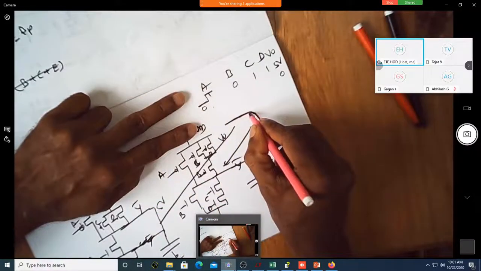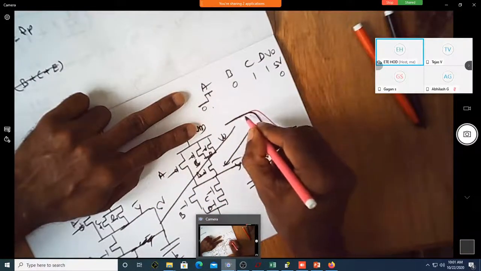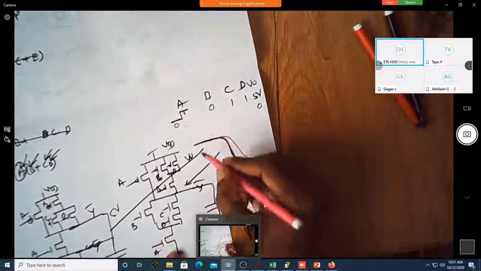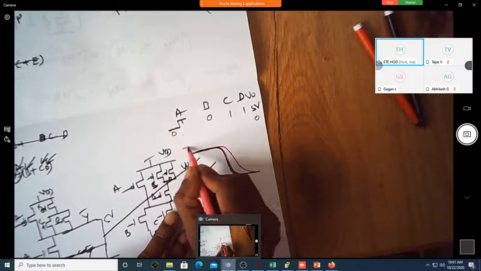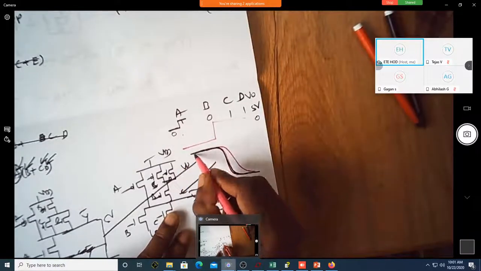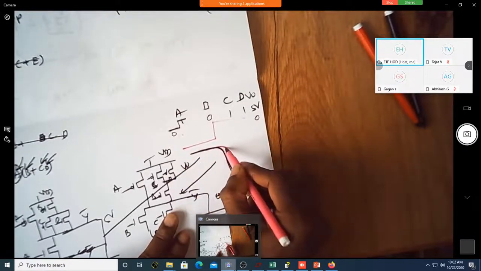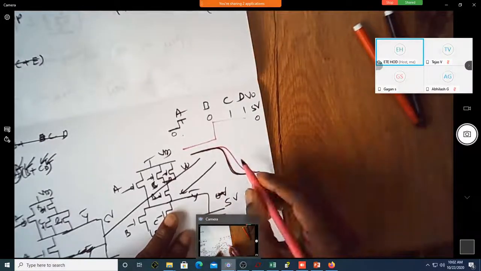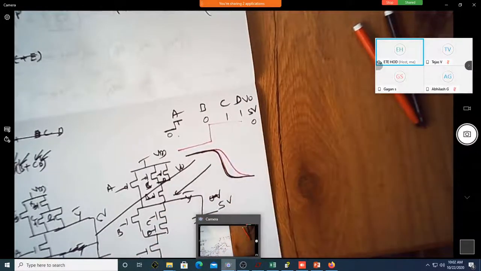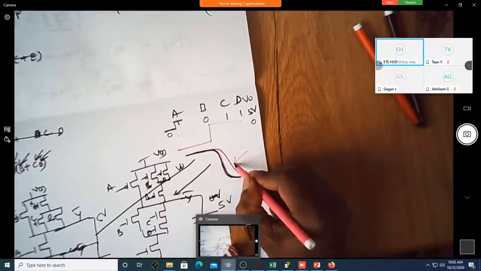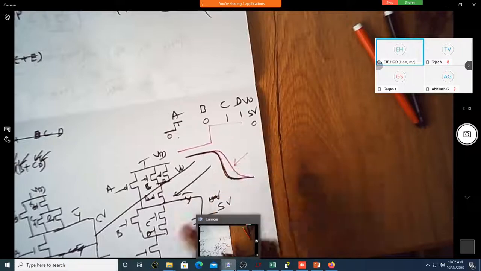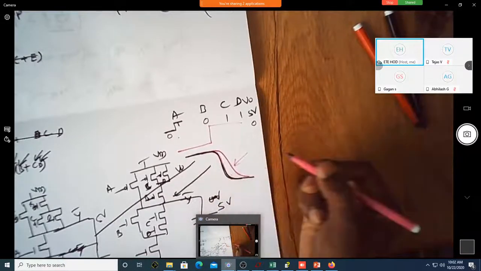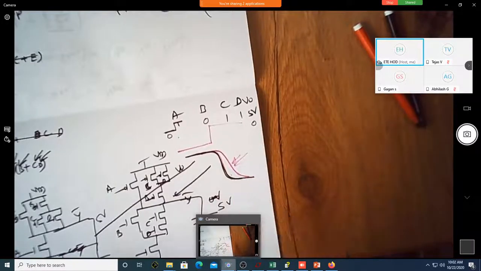This is the type of output you'll get, because in both cases it will come down to 0. Both the logics are the same. Whenever the input goes from 0 to 1, the output comes down quickly here and slightly delayed in the other. In which case is the delay more? Is it the second case? We will see why. In one case it will discharge quickly, in the other case it discharges slowly.